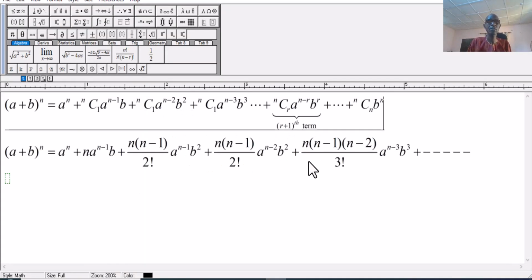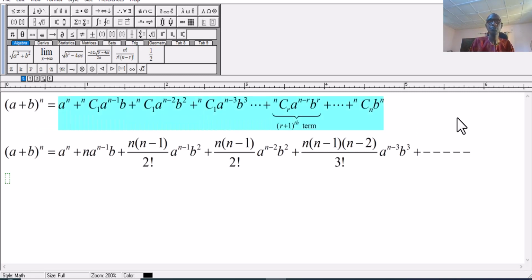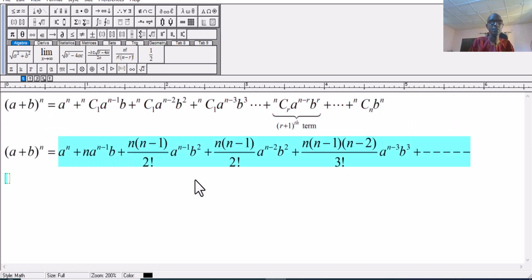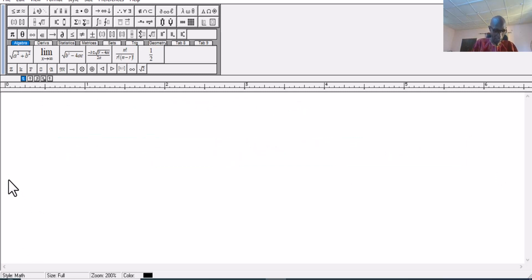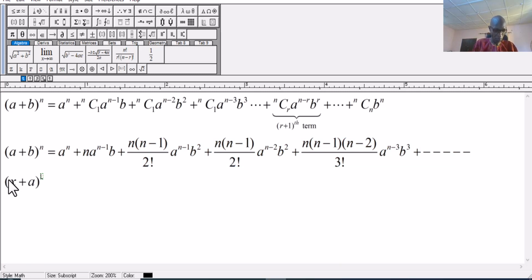Now, each time you are given a binomial expansion of a plus b or x plus y raised to the power of n, it follows this pattern. For the sake of our question, we are given that (x + a) is to the power of n.